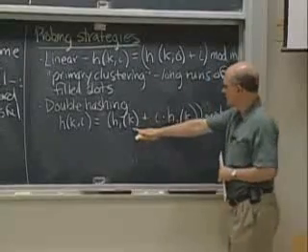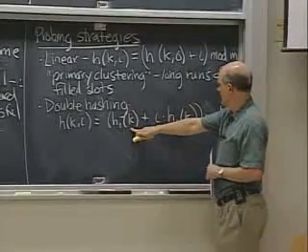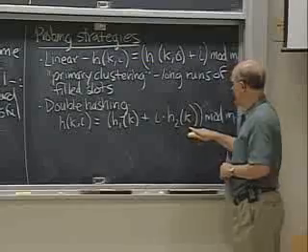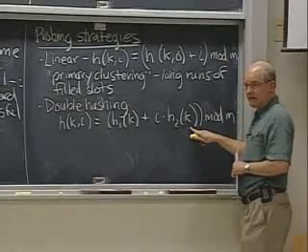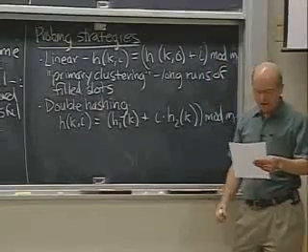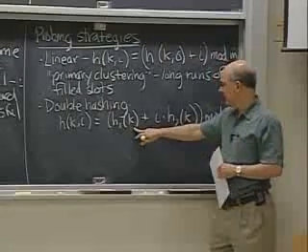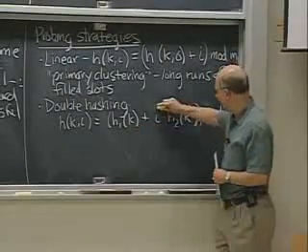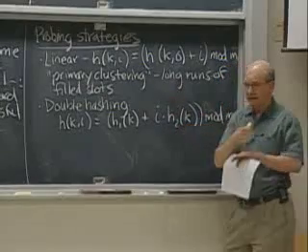So you have two hash functions, h1 of k and h2 of k. You compute the two hash functions, and what you do is you start by just using h1 of k for the 0th probe, because here i will be 0.